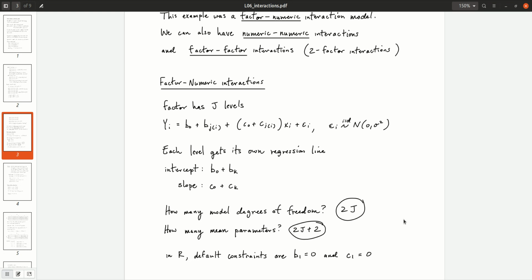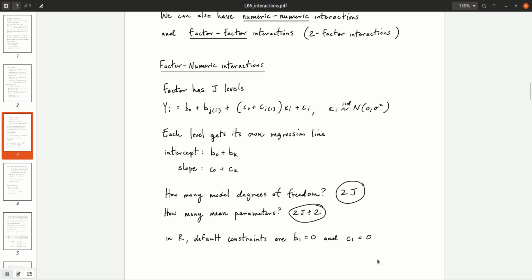In R, the way they solve the normal equations is that they'll use the drop column method. And the default in R is to set B1 to 0 and C1 to 0, which is equivalent to dropping the column for the intercept for the first level and the slope for the first level.